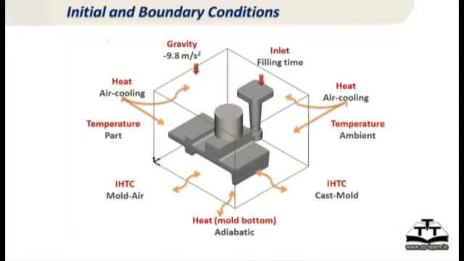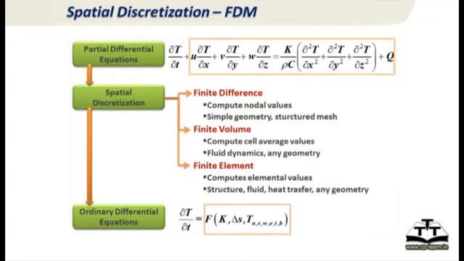So again, repeat once again. These are some of the critical inputs, but if you start seeing now, the IHTC between different pairs of materials is the most critical input here. Now, how the part geometry is divided or discretized in different methods. Again, we are now answering your question in a sense. If it's finite difference, it is usually a cubical mesh.